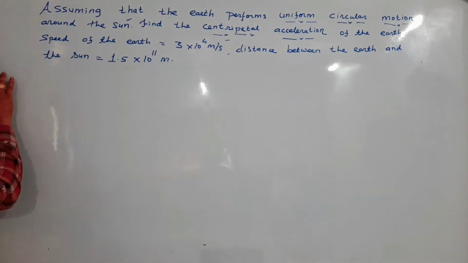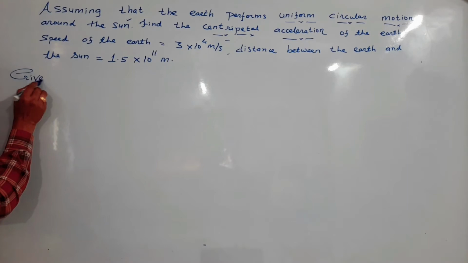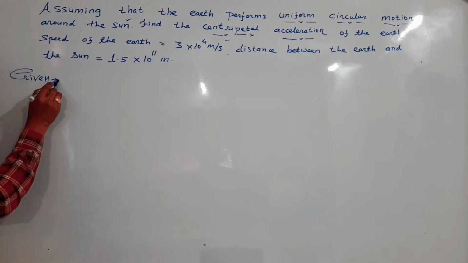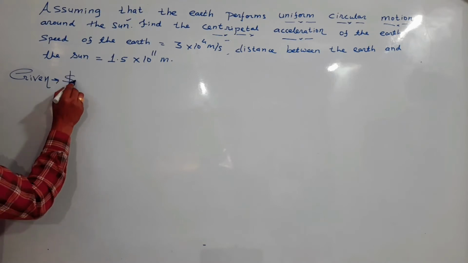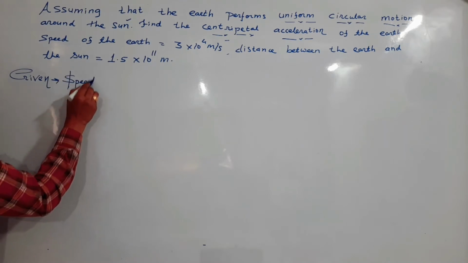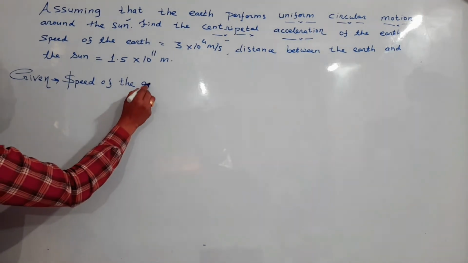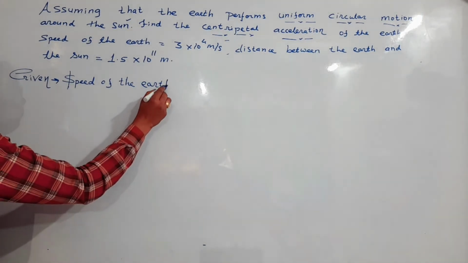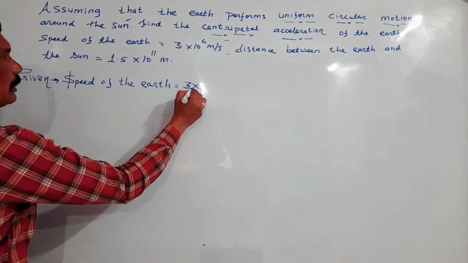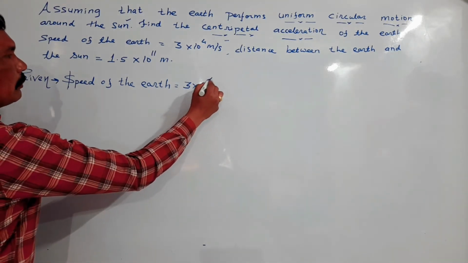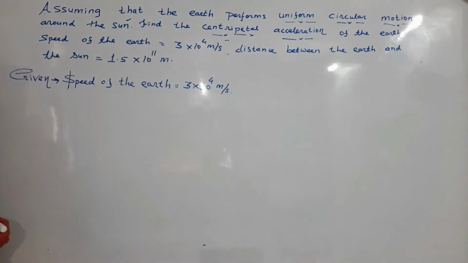My dear student, we will first write down what is given to us. Speed of the earth is given to us, which is 3 into 10 to the power 4 meter per second.